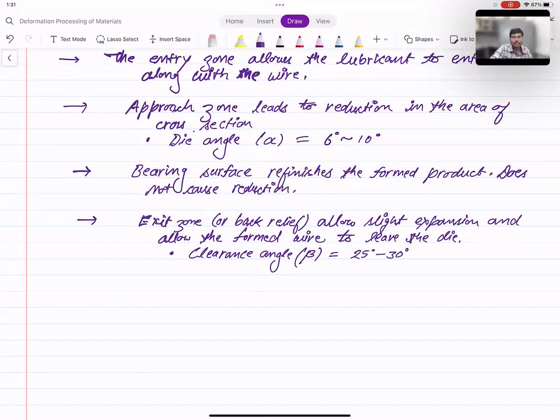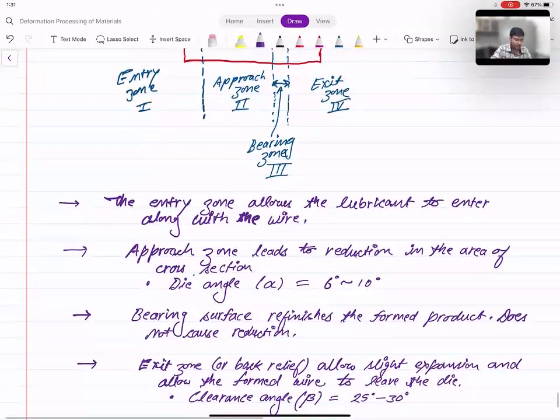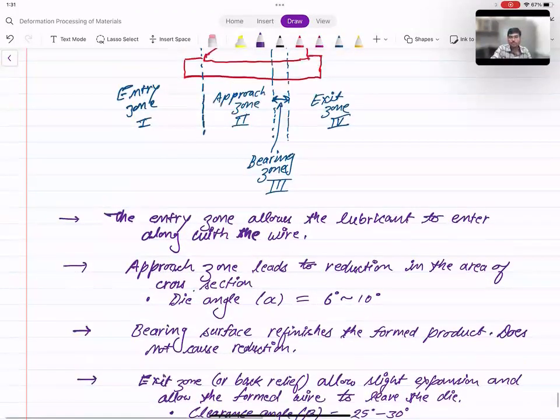Okay, so this is the fundamental representation of the wire drawing process, or the schematic setup of the machinery or dies which are used for wire drawing.